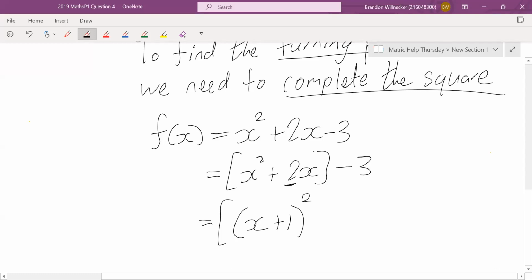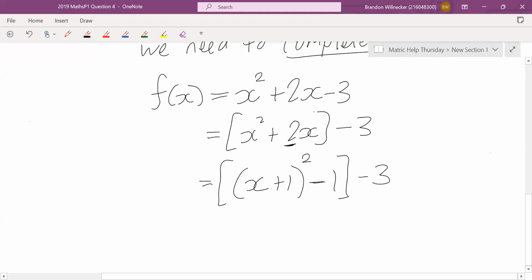Now, if we expand this out, we're going to get x squared plus 2x plus 1. Now, if we look at the previous line and this new line, you see we've got something extra. We've got an extra plus 1. So to compensate, we need to minus 1. And then don't forget the minus 3.